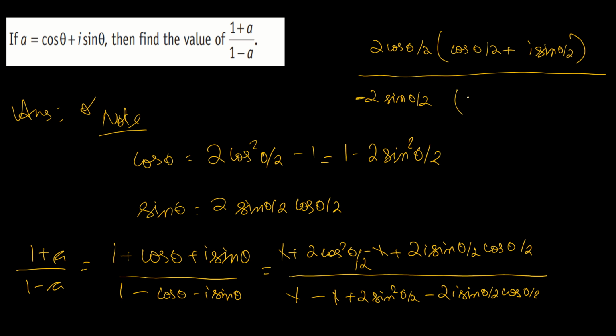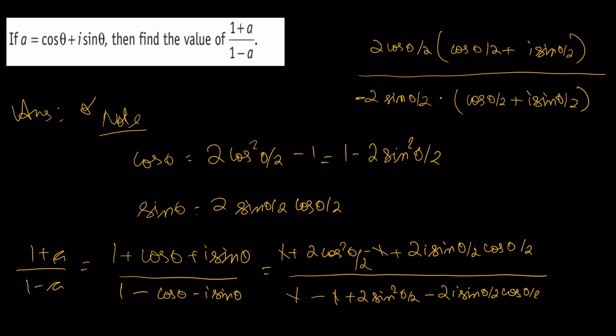What happens then? I can write it like this: cos theta by 2, because the negative should go to cos theta by 2, and I'm going to give here plus I sine theta by 2. I'm just giving what is the same as in the numerator, and we can make it look like this. In order to make it look like this, when we open the brackets, I need to make it minus 2I sine theta by 2 cos theta by 2.